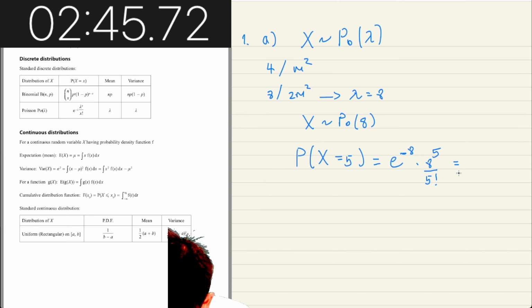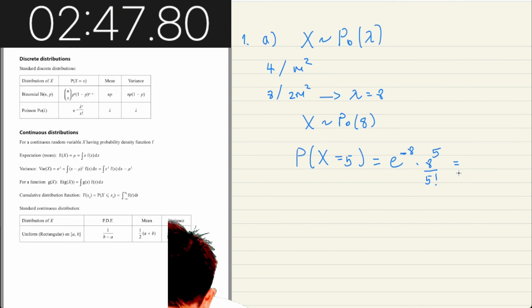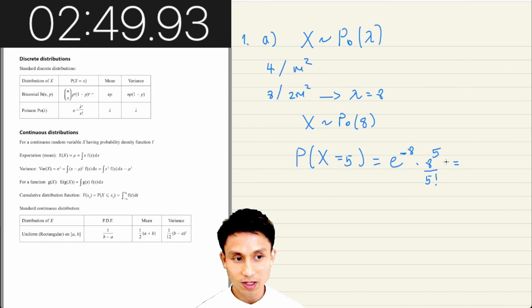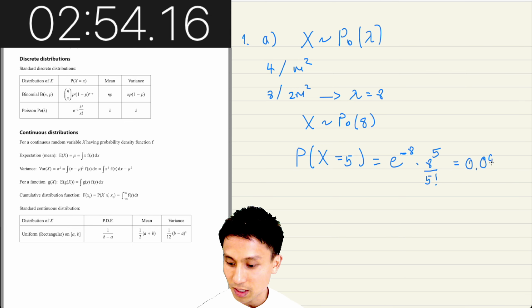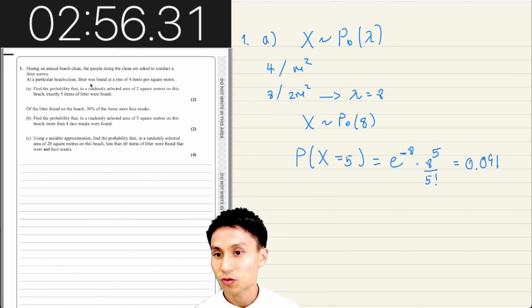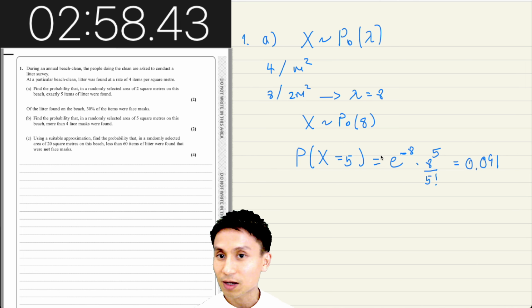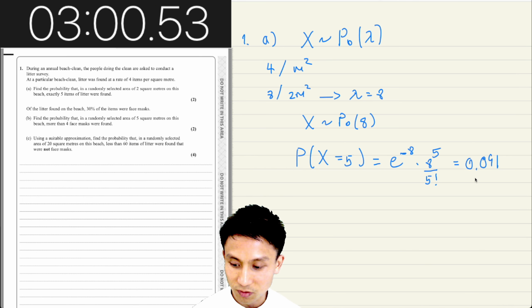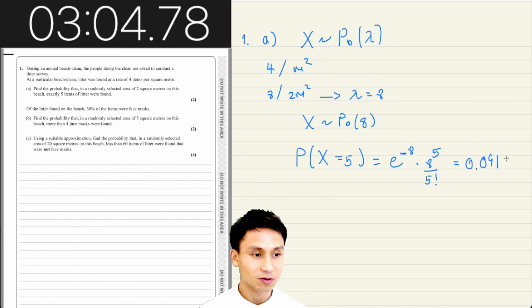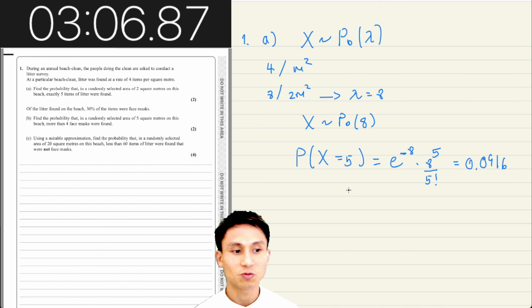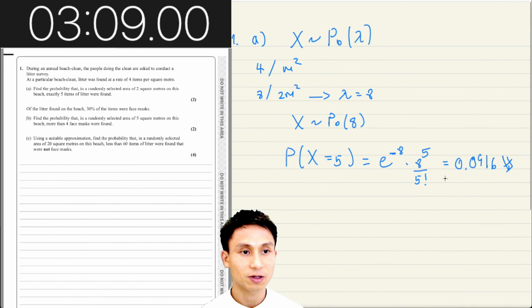Okay, it's that. So this is going to be 0.091. So how many significant figures? I'm just going to give it 3 significant figures. So that would be 0.0916. All right? So that would be number 1 there.